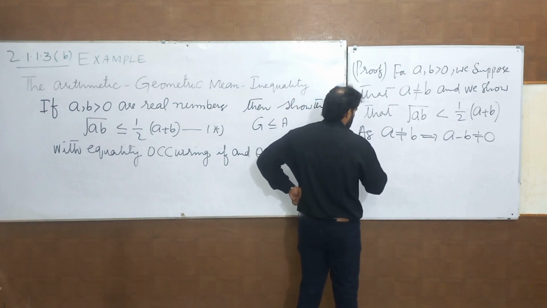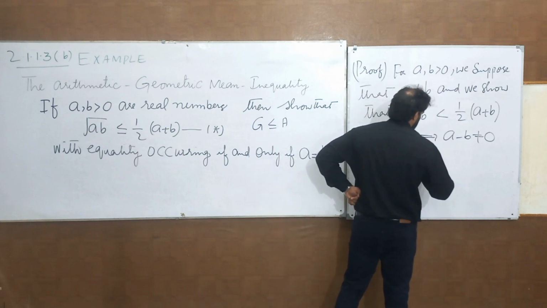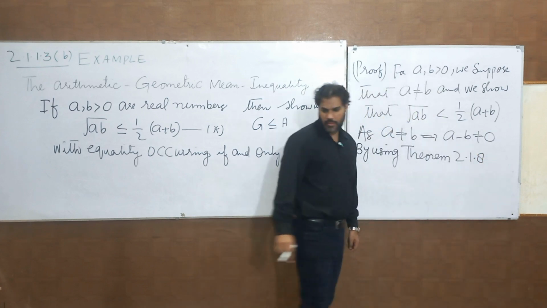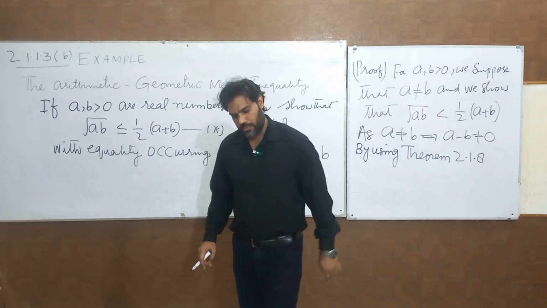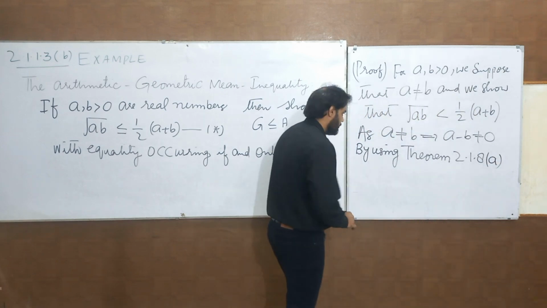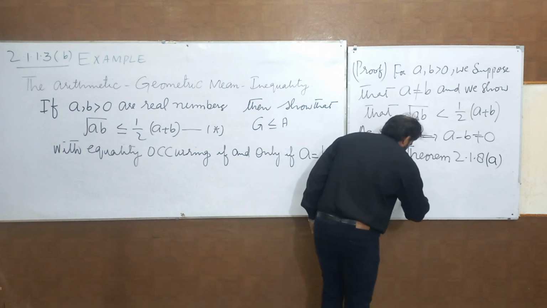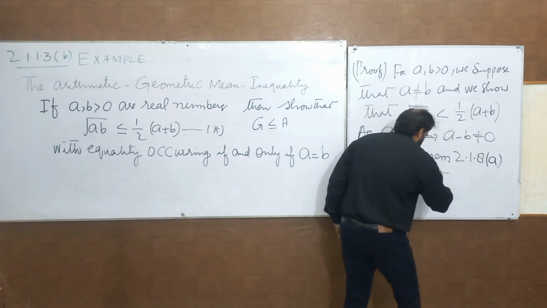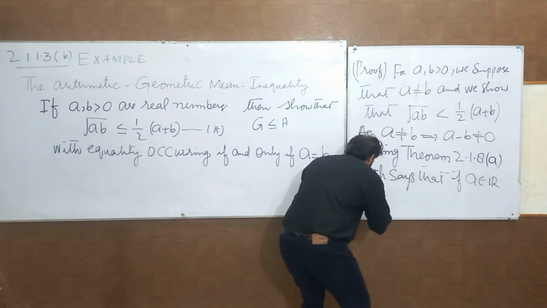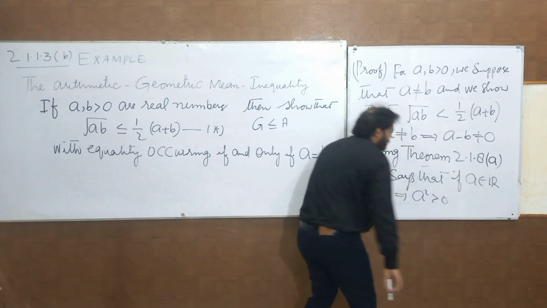By using theorem 2.1.8, part a, which says that if a is any real number such that a is non-zero, this implies its square is greater than 0.